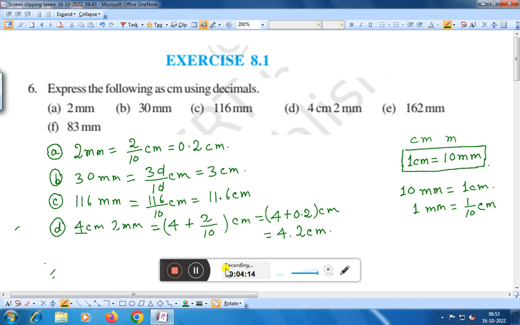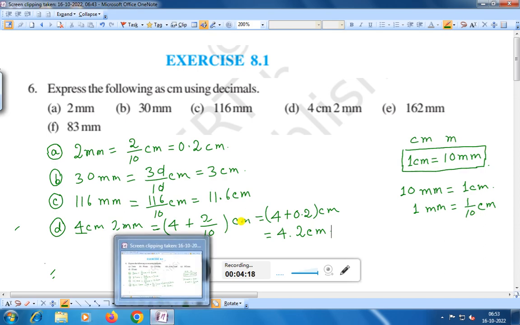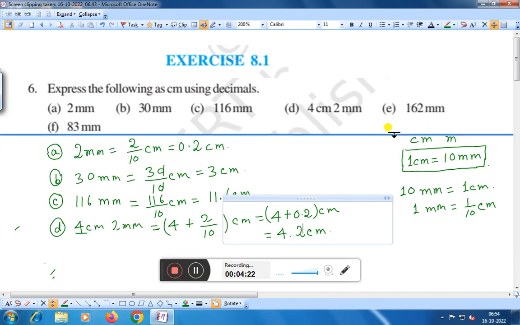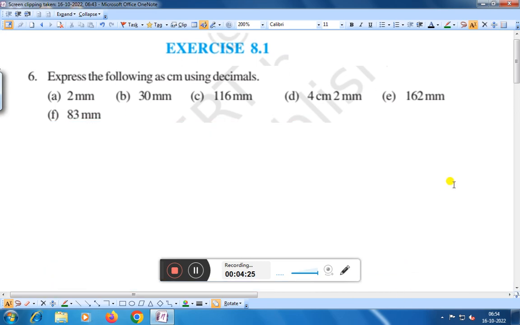Now, question number E. Question number E is 162 millimeter.